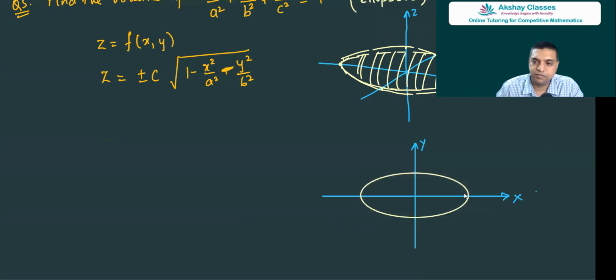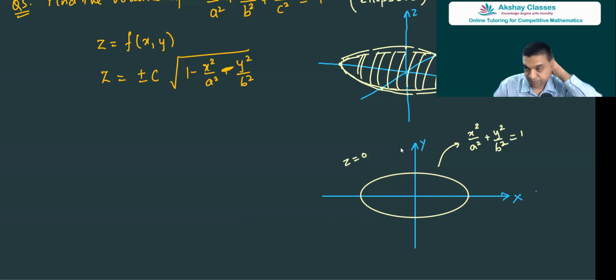So this will be x squared by a squared plus y squared by b squared equal to 1, because here z equal to 0 on this plane. So how to integrate?